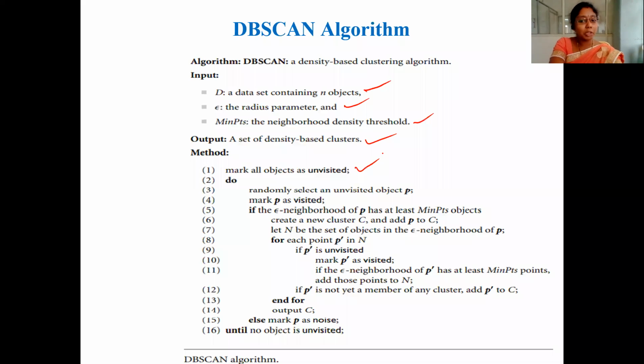After that, randomly select some unvisited object P and mark it as visited.